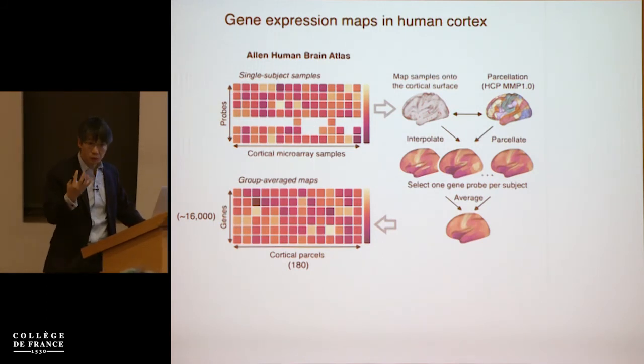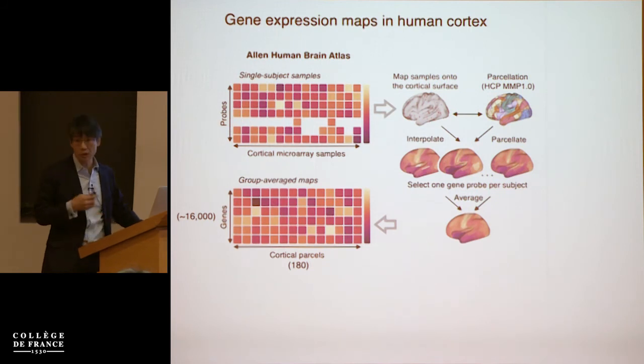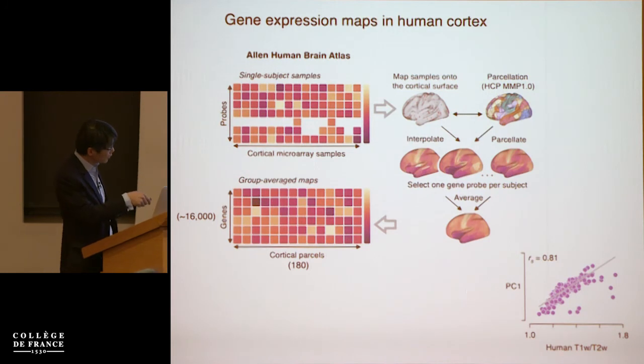Now, you can do a lot of things with this matrix. For example, you can do some kind of principal component analysis and ask whether the first principal component is big and other components are smaller, etc., right? And what do they correspond to? Well, one thing I want to show is that the first principal component from this matrix correlates very well with the T1-T2 ratio, right?